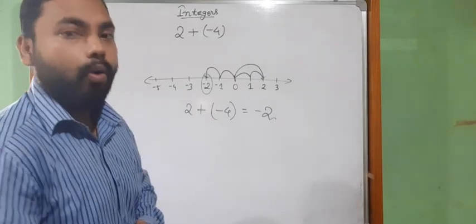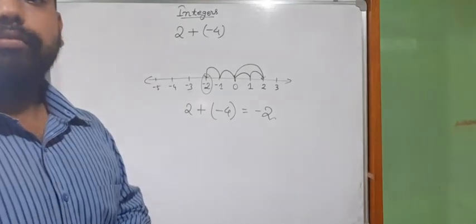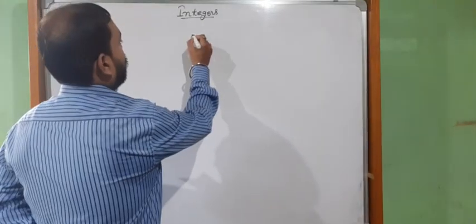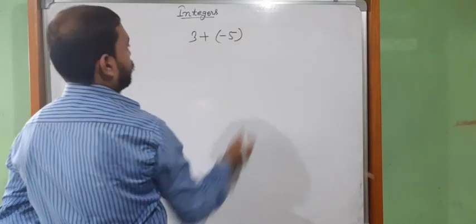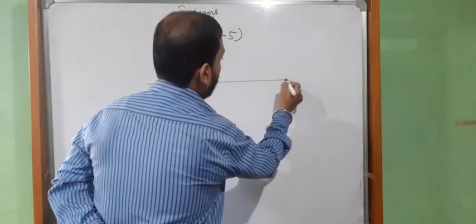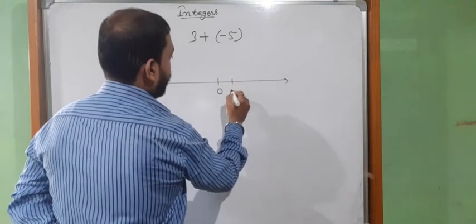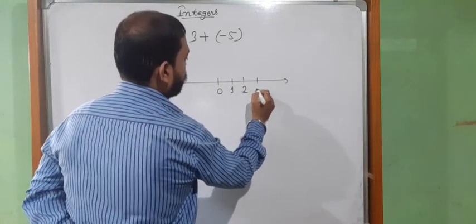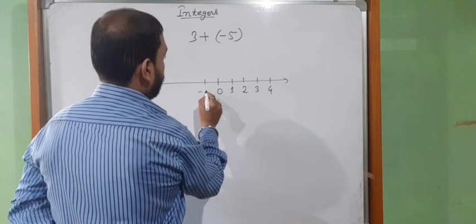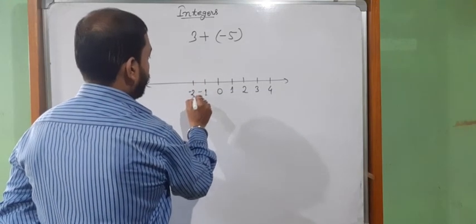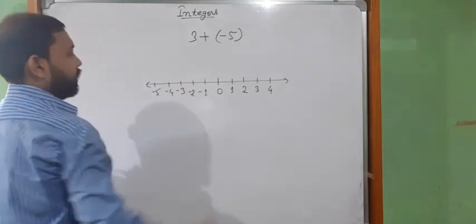Let us take one more example so that it will be more clear to you. Let us take 3 plus minus 5. Let me draw one more line. So it is 0, then 1, 2, 3, 4, then minus 1, minus 2, minus 3, minus 4, minus 5.